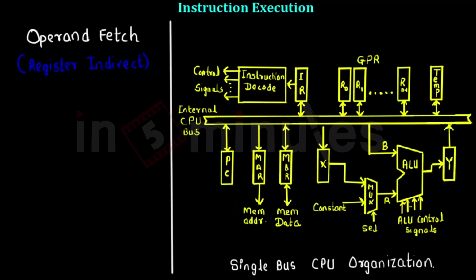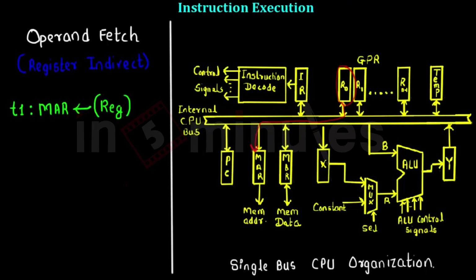Now let's have a look at operand fetch. First of all, let's see how the operand is fetched in register indirect addressing mode. In this mode, we know that the memory address is stored in the register. So in the first T state, the register contents, in which the memory address is stored, are loaded into the memory address register MAR of the CPU.